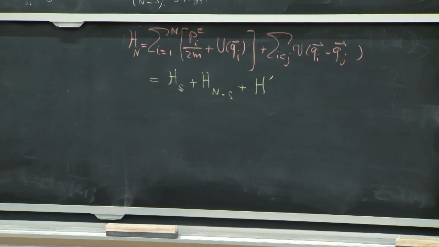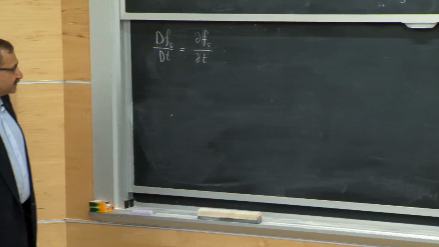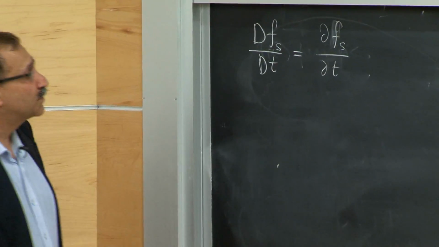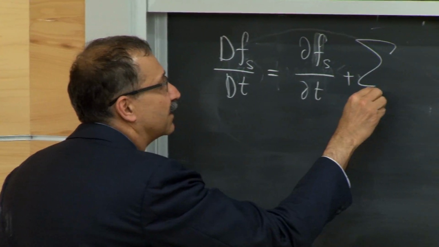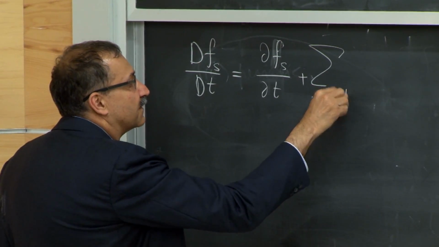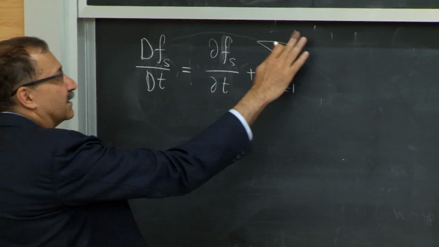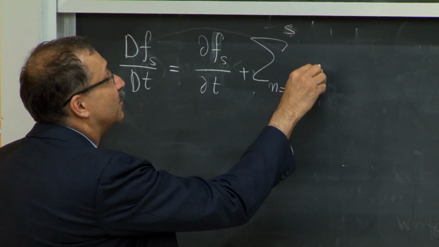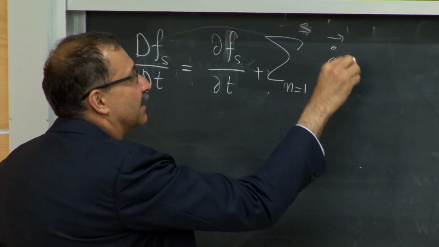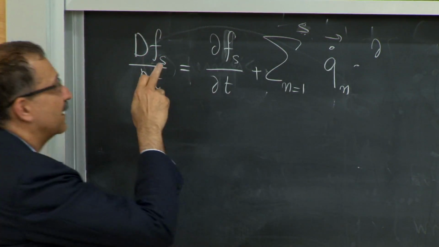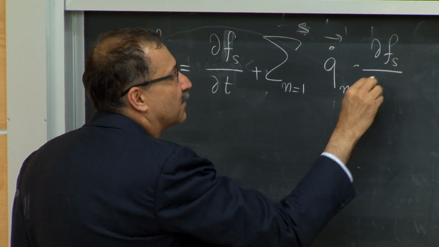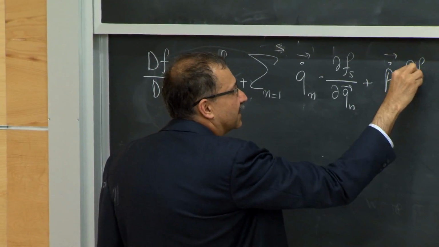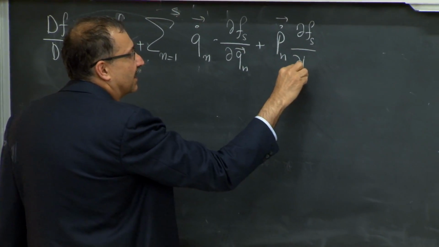And fine. This I actually didn't quite need here until the next stage, because what I write here could presumably be sufficiently general. I could have here some n running from 1 to s. And let me be consistent with my s's. Then I have qn dot dFs by dqn plus pn dot dFs by dpn.